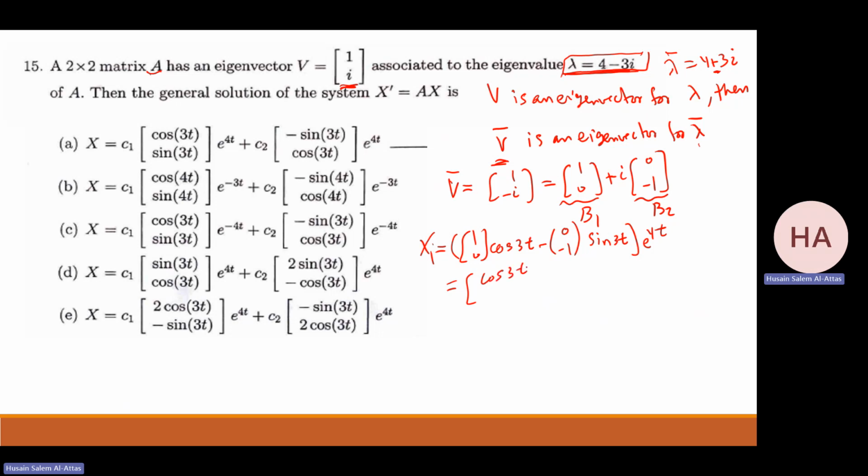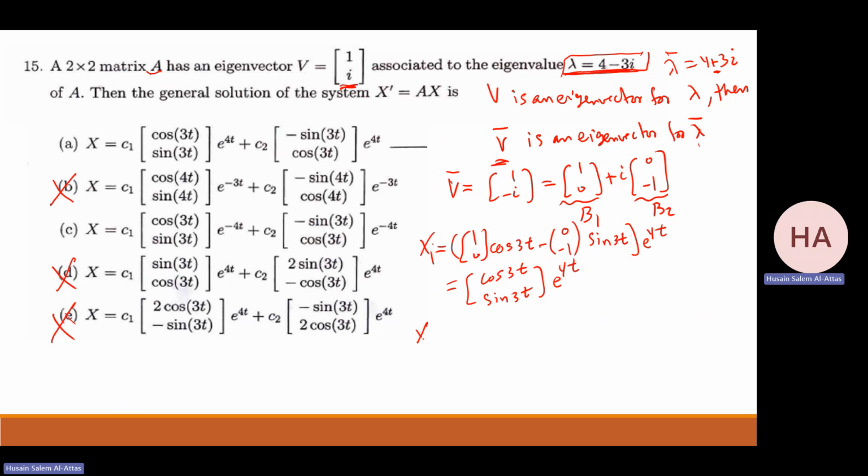Cosine 3t, sine 3t, e to the power 4t. Okay, so this is wrong. You have cosine, sine. I don't know what x2 is. We'll wait. No need to rush it. Actually, everything is with minus here.